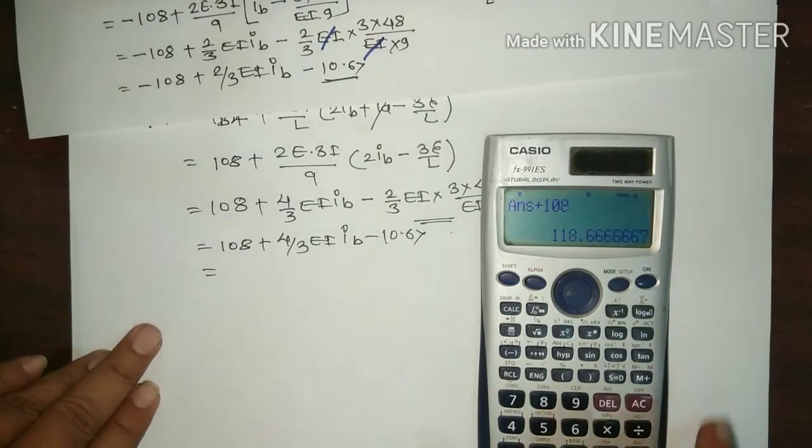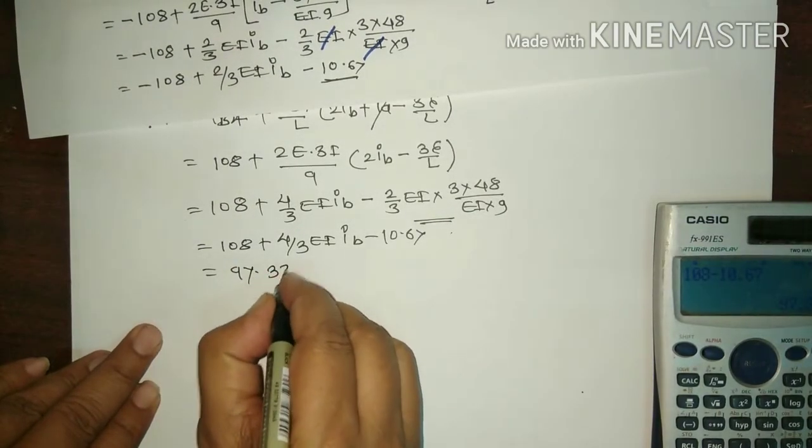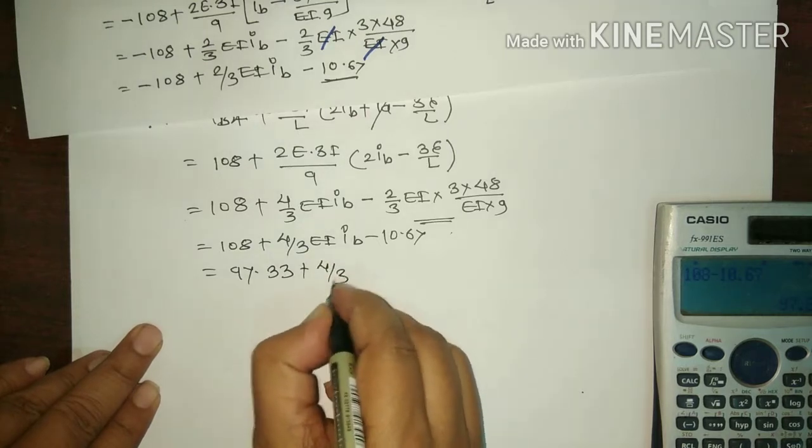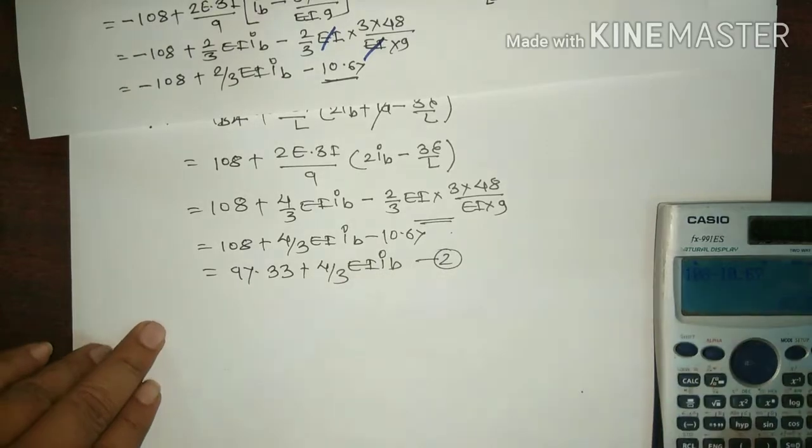So this becomes 108 minus 10.67. So this becomes 97.33 plus 4 by 3 EI θB. Equation number 2.